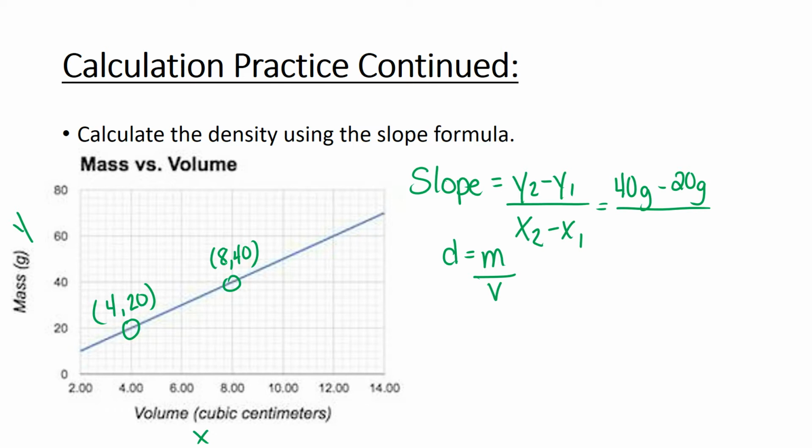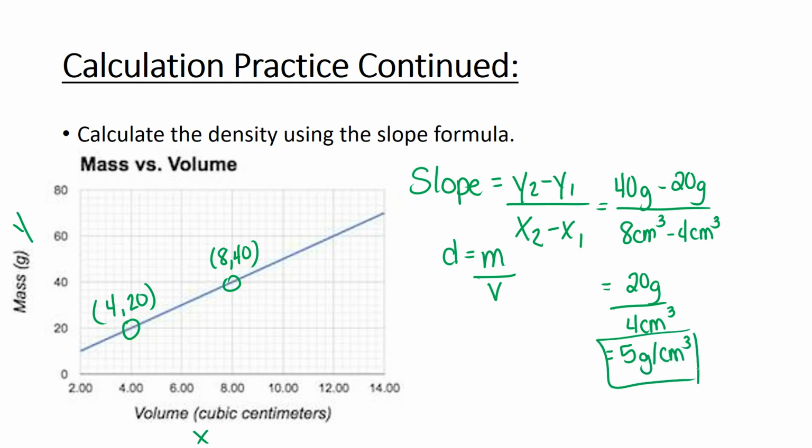My x2 is going to be this 8, and it's going to be 8 centimeters cubed. And my x1 will be 4. So if you want to find the difference, we have 20 grams over 4 cubic centimeters. We can go ahead and divide that out, and we get 5 grams per centimeter cubed.